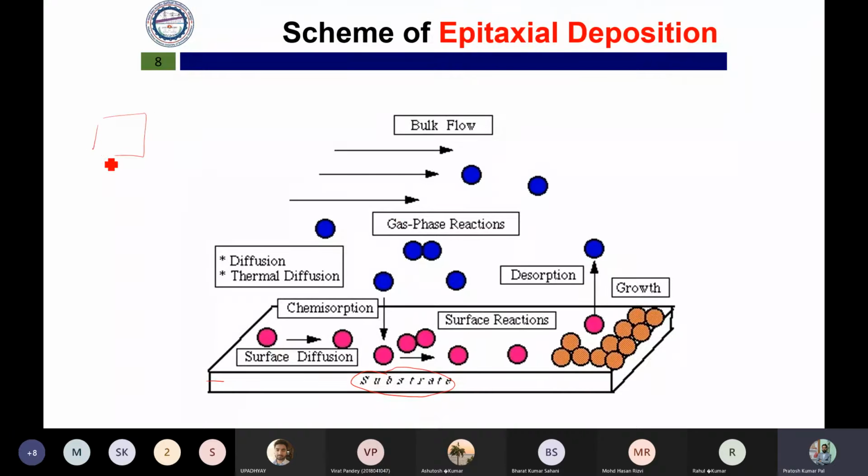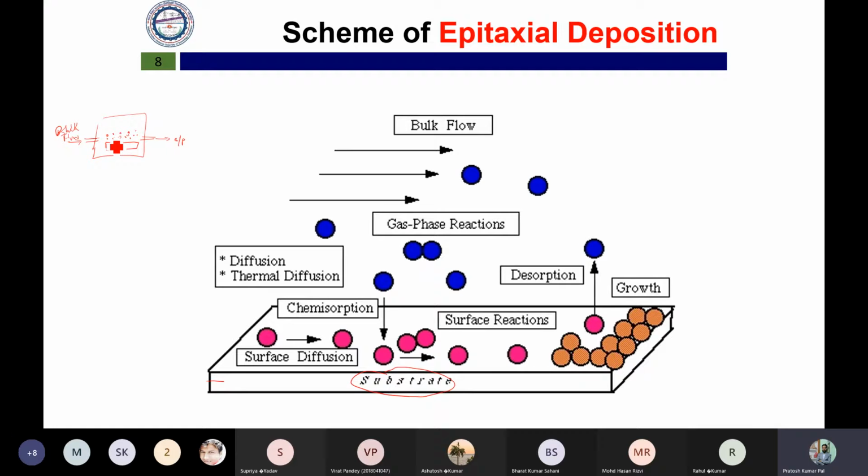Onto the substrate we will be flowing a gas, or a bulk flow in the form of chemical or gas. Different reactants will be allowed to flow, and this is the outlet. The same gas or whatever bulk we are giving as input, the same will be taken out.